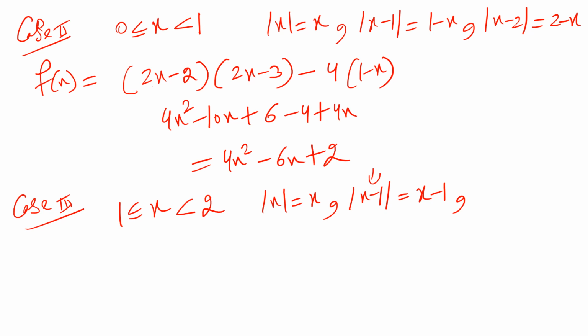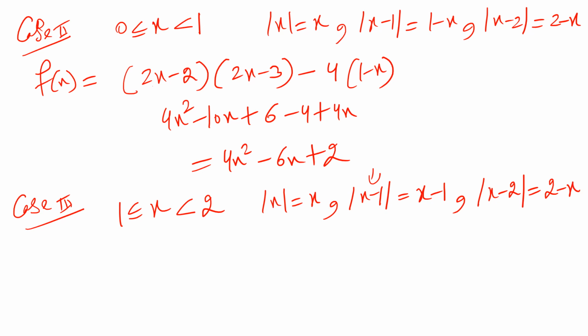If the input is positive, then the answer is going to be the same as the input. But if the input is negative, then the answer is going to be negative of the input. Fine. Now in this case x is smaller than 2, so that clearly means mod of x minus 2 will be negative of x minus 2. That means 2 minus x.